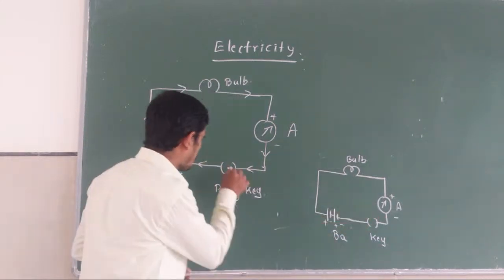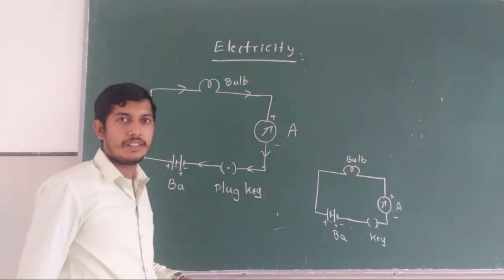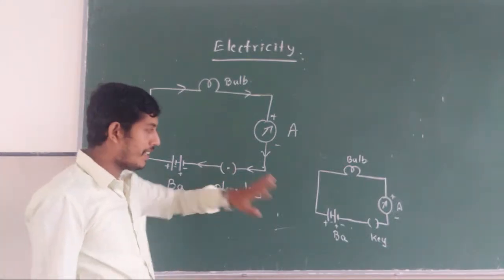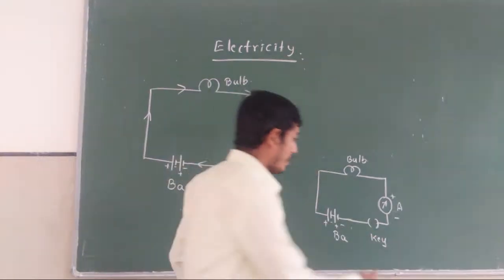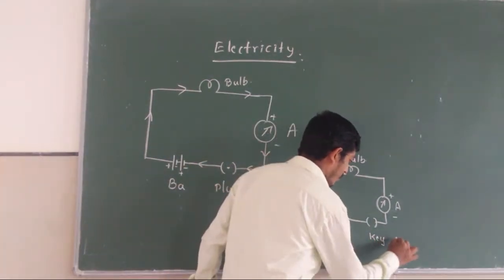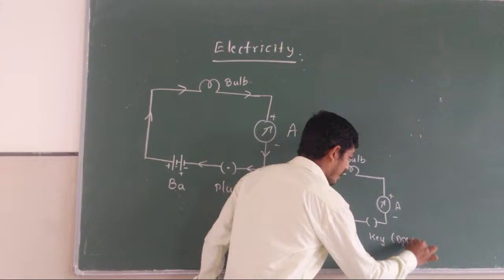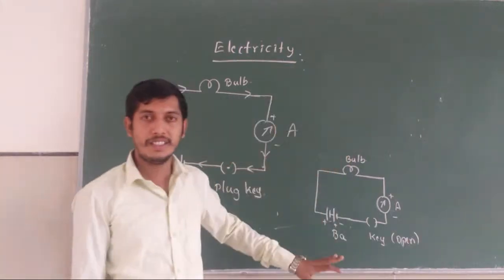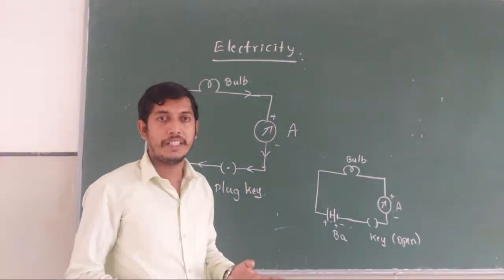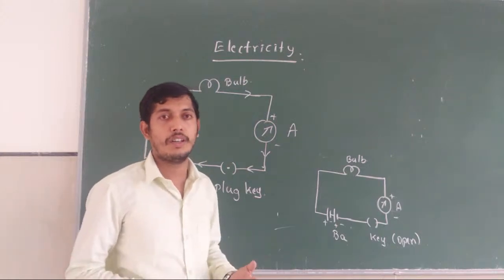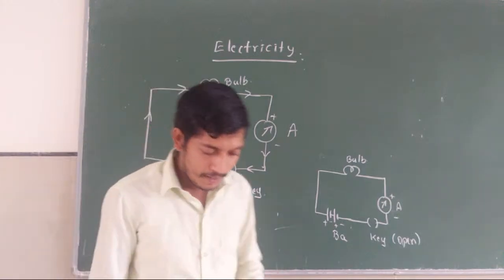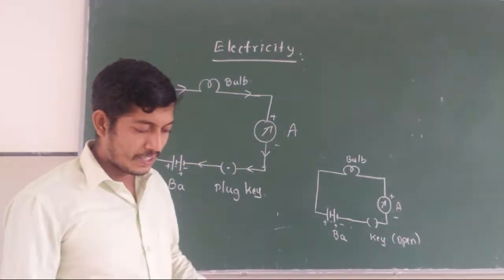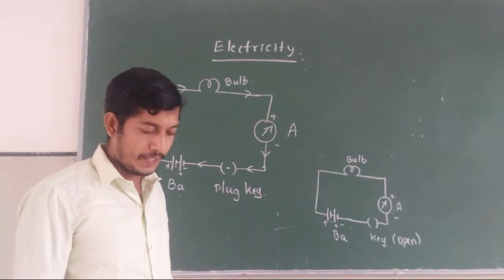This dot represents that the key is inserted in that junction, but in this junction the key is not inserted. That means the key is open here. So the connection is not completed, or the circuit is not completed. That's why.